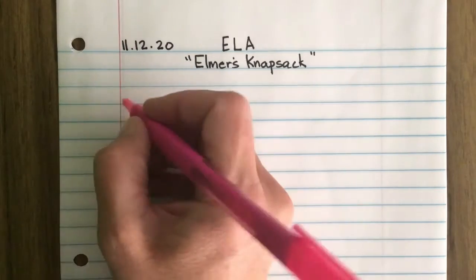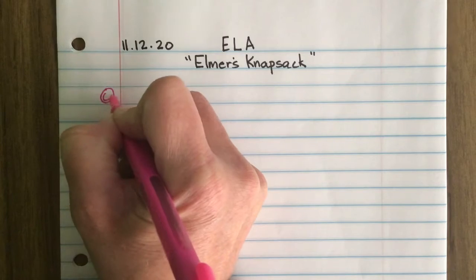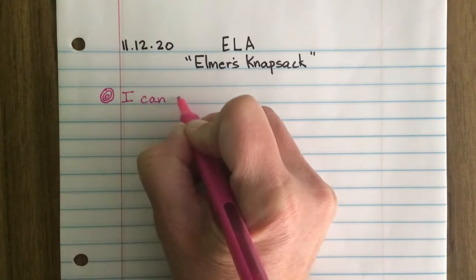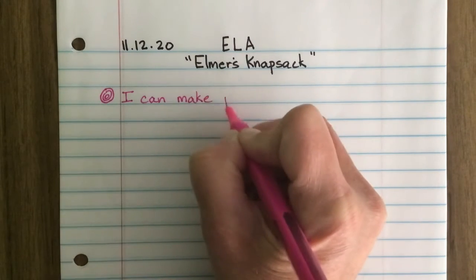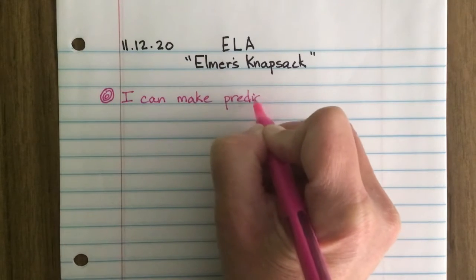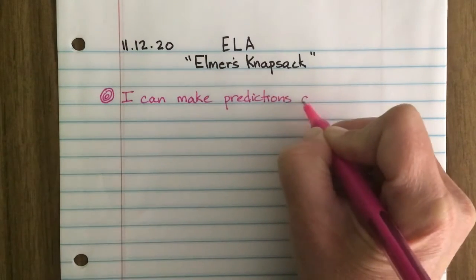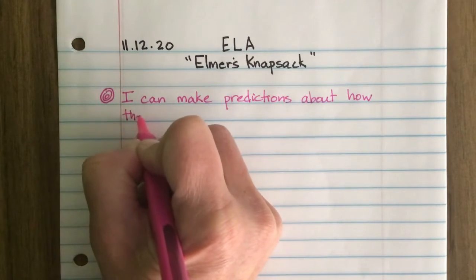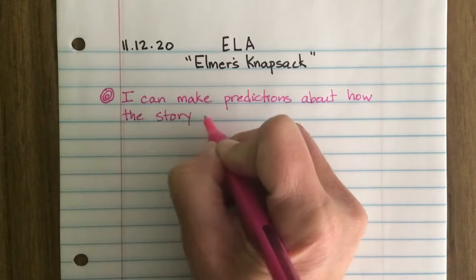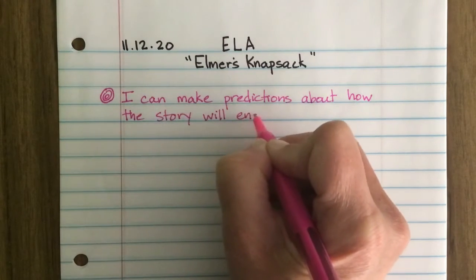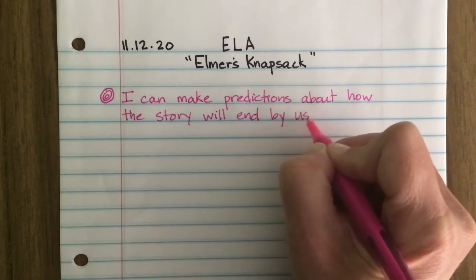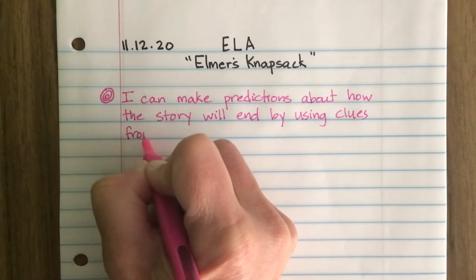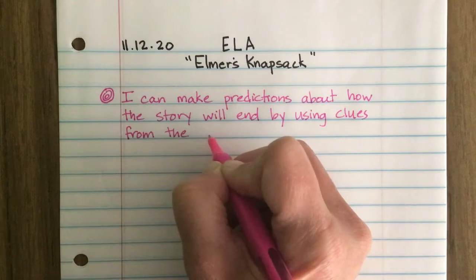The next thing we want to do is be sure we have a target for today. And today's target is: I can, or of course I will be able to, make predictions about how the story will end by using clues from the text.